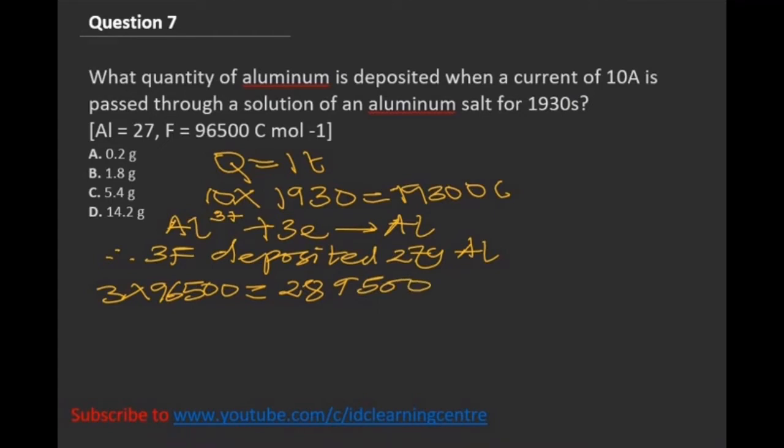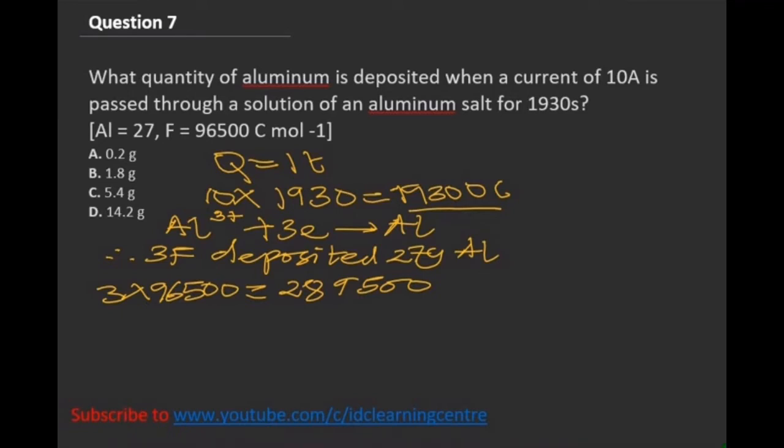So to get the value for our 19,300 coulomb, we say how many will it deposit.